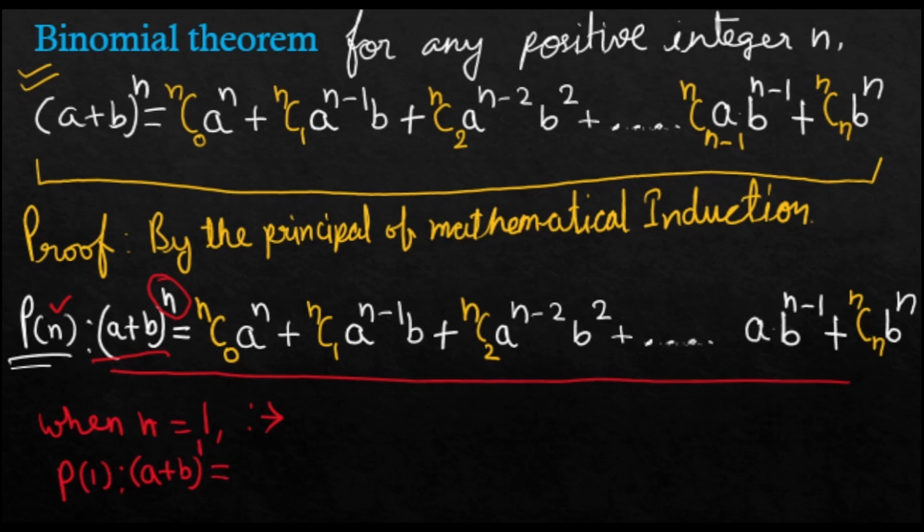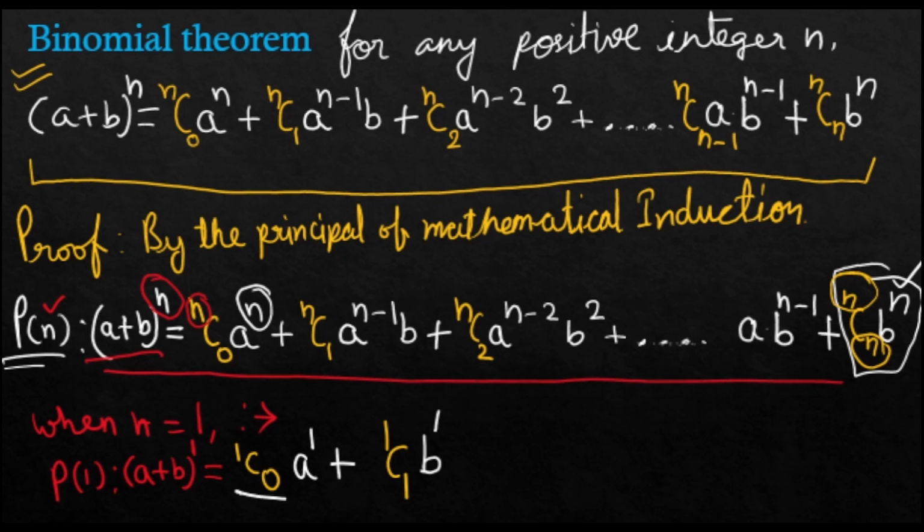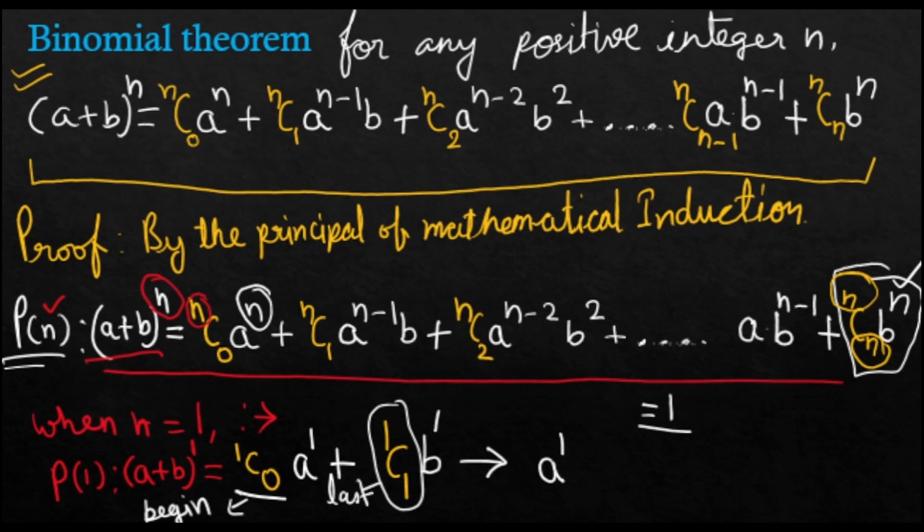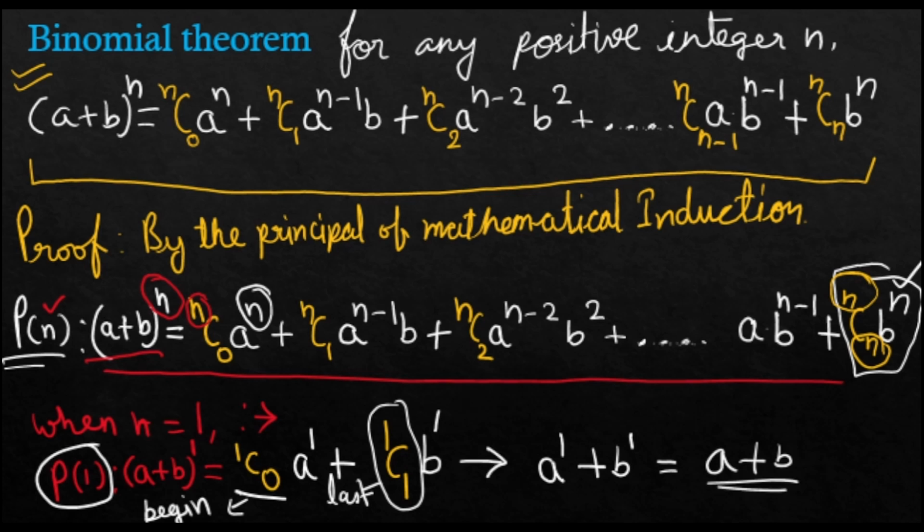That is equal to 1c0, that's the beginning, and the last term, which I already told is the beginning and the last term, is equal to 1. Then simply this will be a1 plus b1, which is a plus b. Thus the P1 term is true. That's what it is saying, that it's equal to a plus b, and it is true.